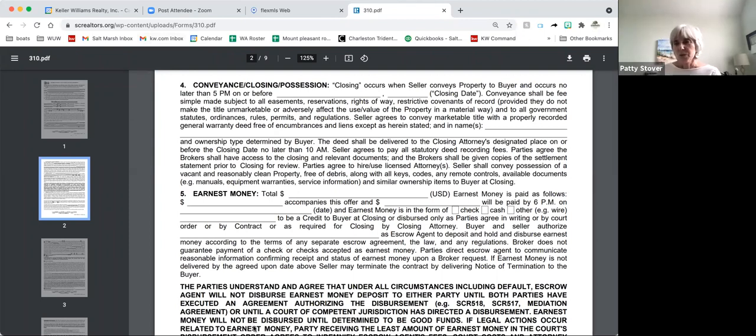But then I got offers that said a 24-hour time period. They wanted to respond in 24 hours. So I really didn't deal with that. I knew the seller wasn't going to respond until Thursday, and I just didn't say anything, and they didn't say anything to me.